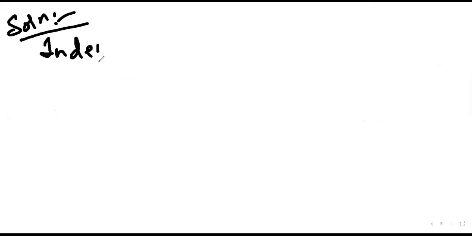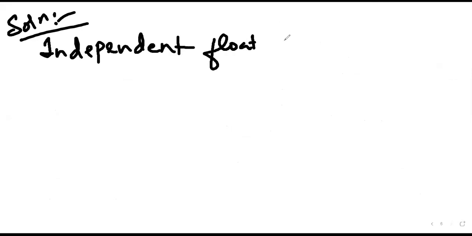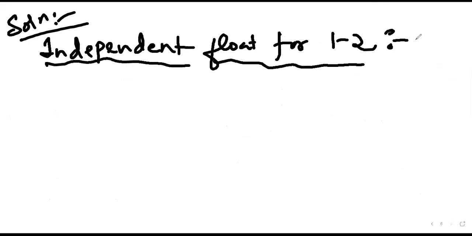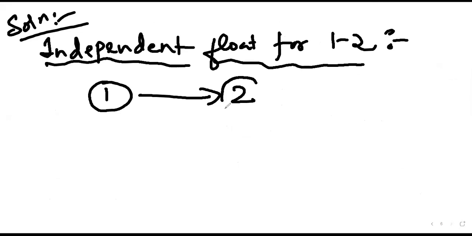First is independent float for activity 1-2. Is there any previous activity for 1-2?